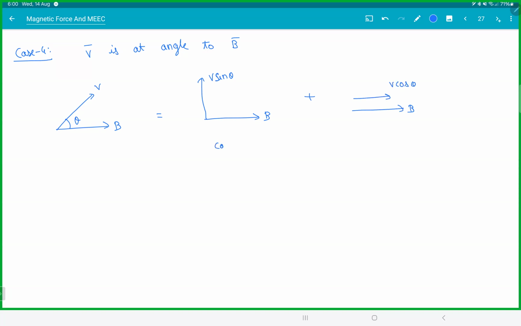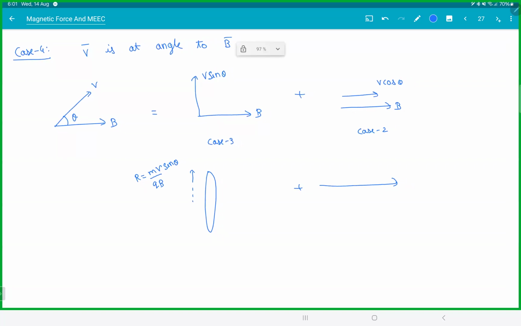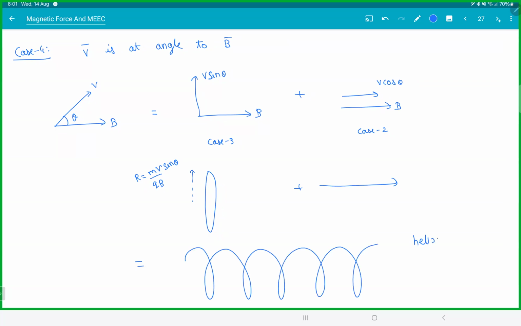Now, if you look at this, V sine theta is perpendicular to the field, and this is the circle case. V cos theta is parallel to the field. So the perpendicular part will make it go in a circle where radius is equal to mv by qB, but now we have V sine theta in place of V. And if you send it parallel, it will go in a straight line. Now, when you combine these two, what you get is a helix. So case 4 is a helix.